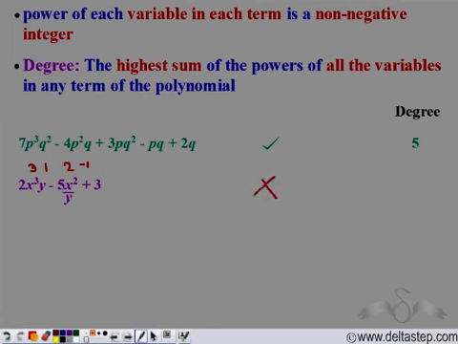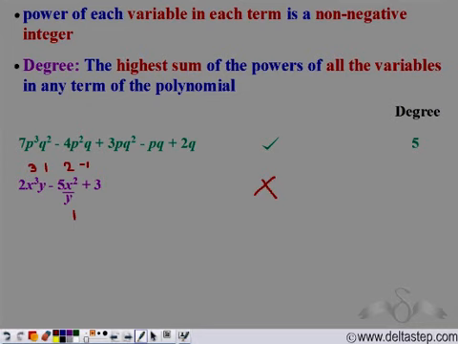Remember, if we consider this term, then the sum of the powers of this term is 2 minus 1, which is 1. It is a positive integer or a non-negative integer. But still it does not qualify as a polynomial, because when checking for a polynomial, we do not look at the sum of the powers of the variables.